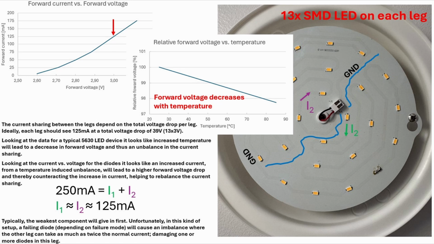With temperature, the forward voltage drop of the LED decreases, and that can cause an imbalance in the current sharing between the legs due to the different characteristics of each LED device. On the other hand, looking at forward current versus forward voltage, increased current increases the forward voltage drop, which may rebalance the current sharing.